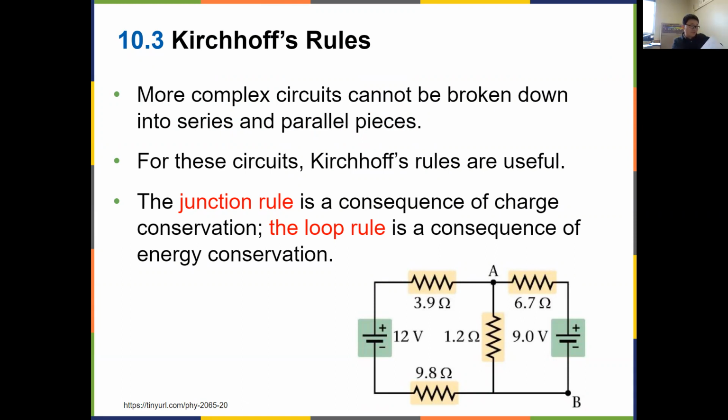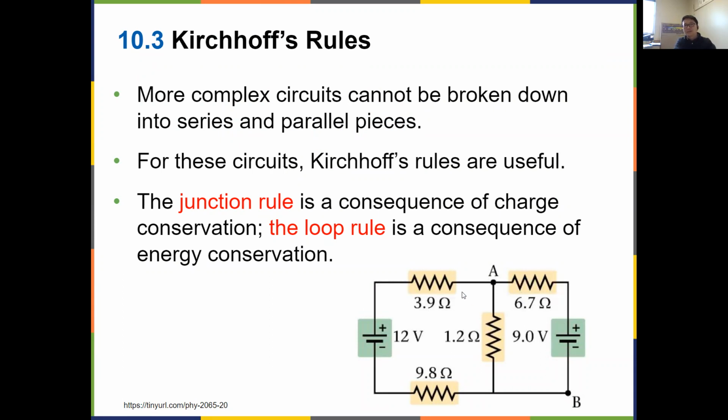You are not sure what the direction of the current will be, because you could imagine the current goes from one battery's positive end and hits A. This current could split into two, but then the current from the other battery goes against that direction. Depending on which one provides more current, they partially cancel each other, so the current in this branch could be in this direction or the opposite direction.